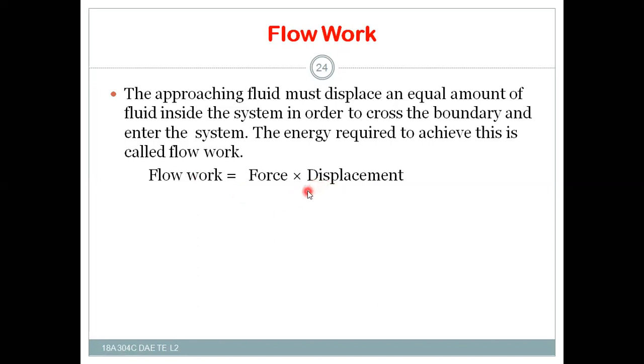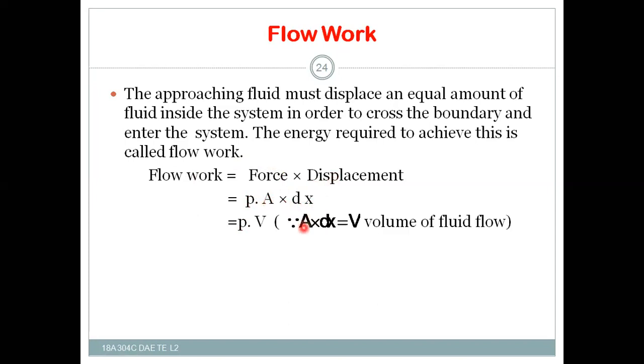Force is equal to pressure into area of the boundary, and displacement is dx. A into dx is nothing but the volume of fluid flow. So flow work is equal to pressure into volume, P into V.